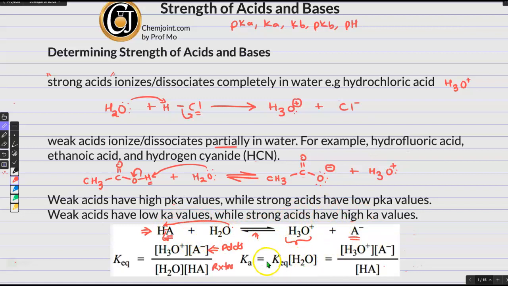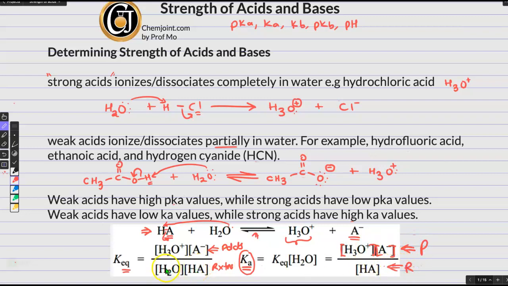However, there are times that the concentrations on either side are not the same. Only at equilibrium will they be the same. At any other concentration conditions, the dissociation constant Ka will be expressed as still the multiplication of the concentration of the products divided by the multiplication of the concentration of reactants.